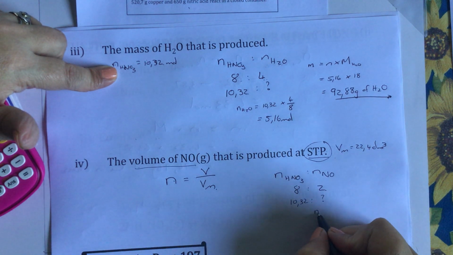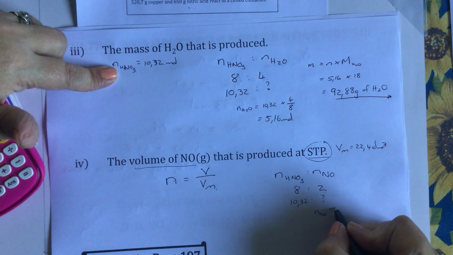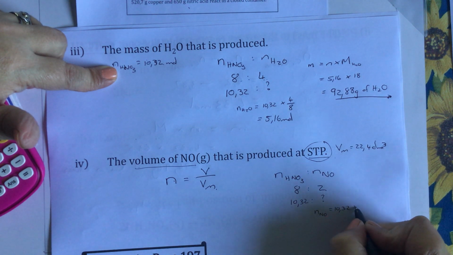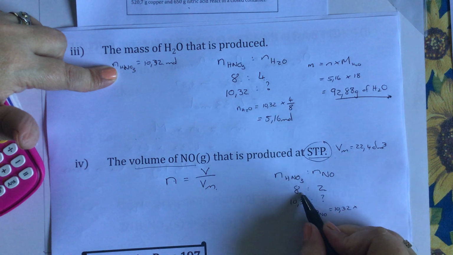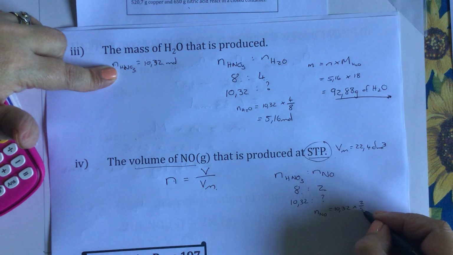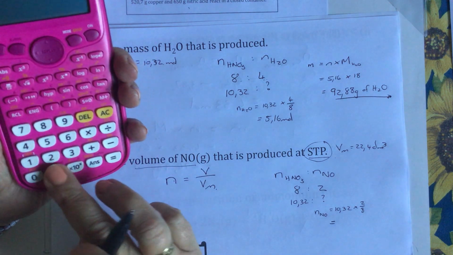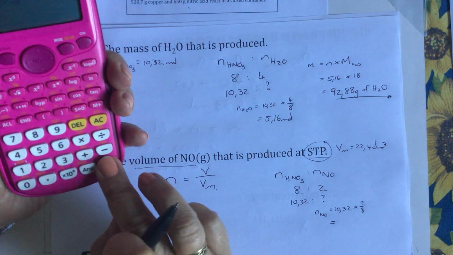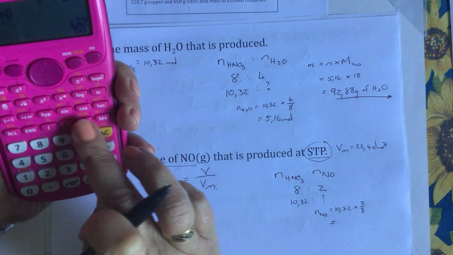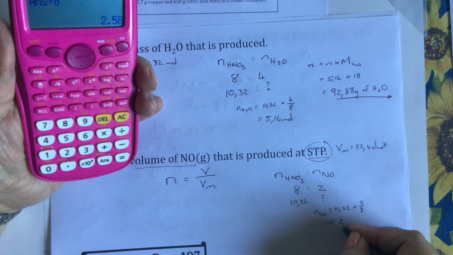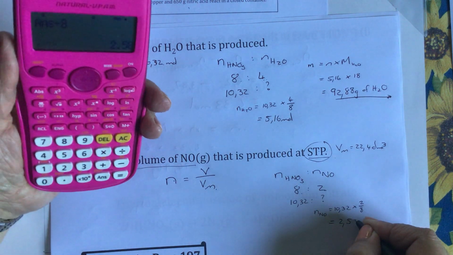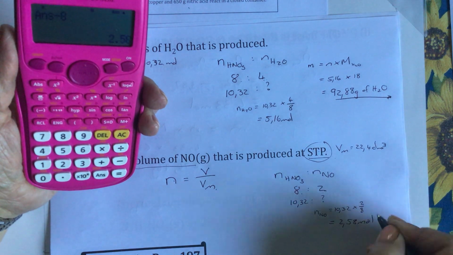I use my number of moles of NO is going to be 10,32 multiply want over got, 2 over 8. 10.32 times 2 divided by 8 equals, and I get 2,58 mole.